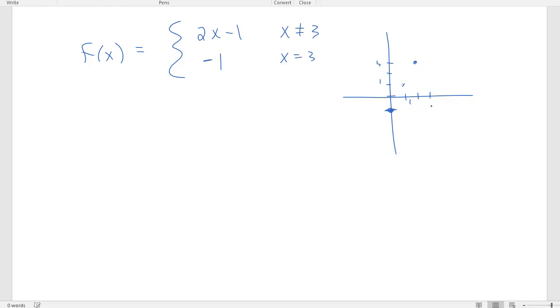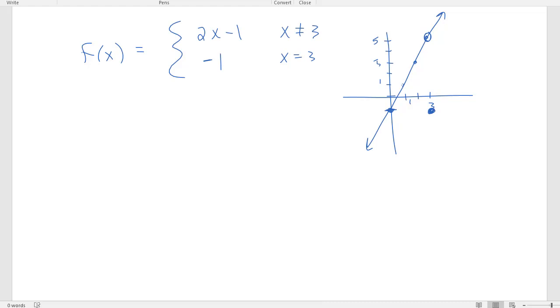And if I go out to x equals 3, I would rise 2 more to 5 and go over the 1 value, roughly there's that point. So here's our line, roughly 2x minus 1, and then when we get to x equals 3, the y value is negative 1. So here's my y value when I get to 3. Now, because x cannot equal 3 on my line, let me come back up here and put an open hole to define that x is not equal to 3 on the line 2x minus 1.